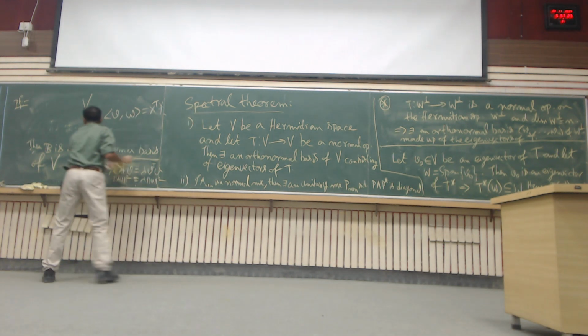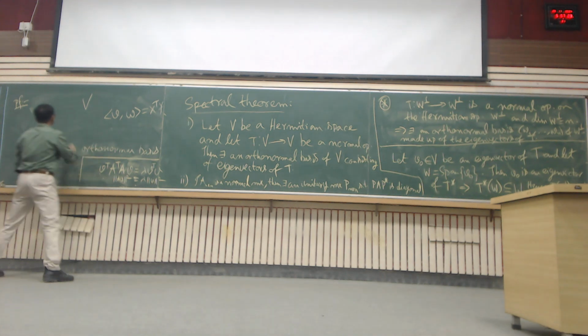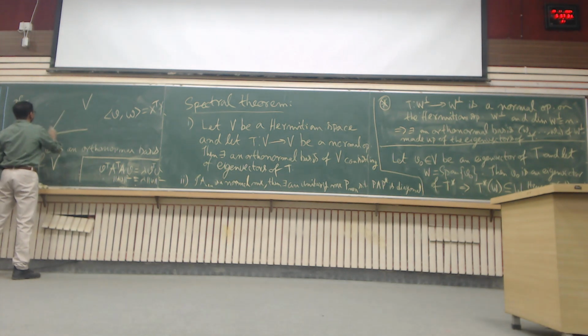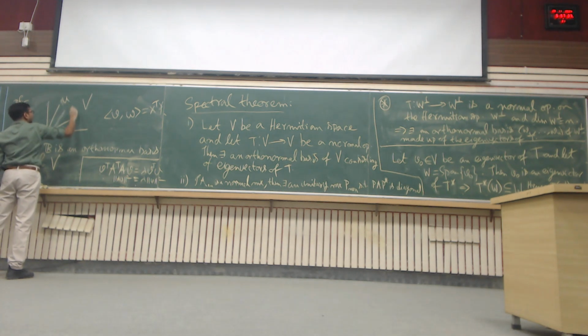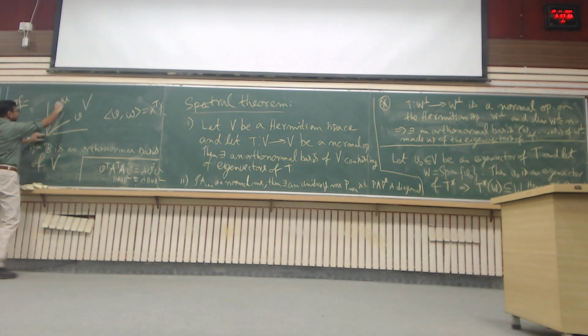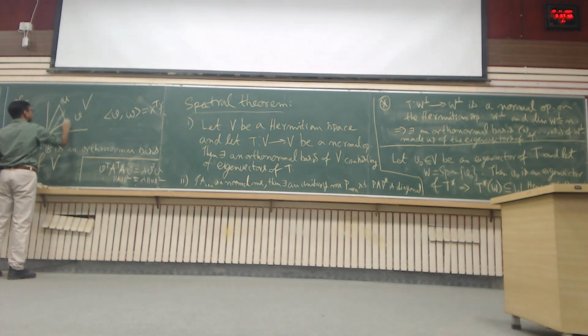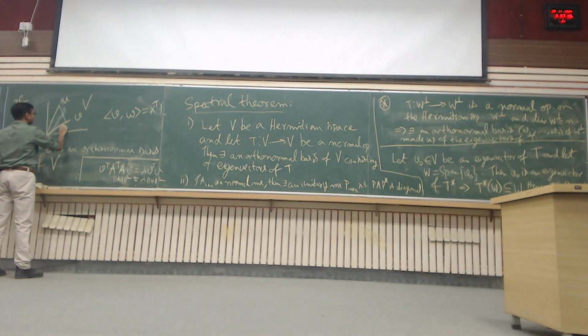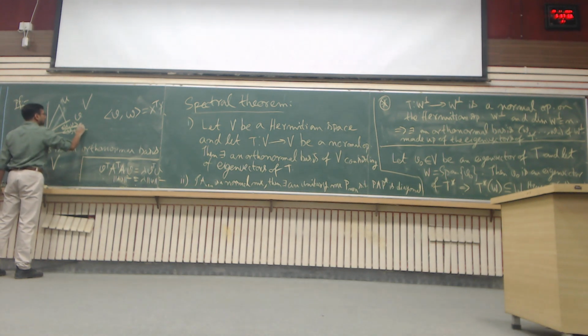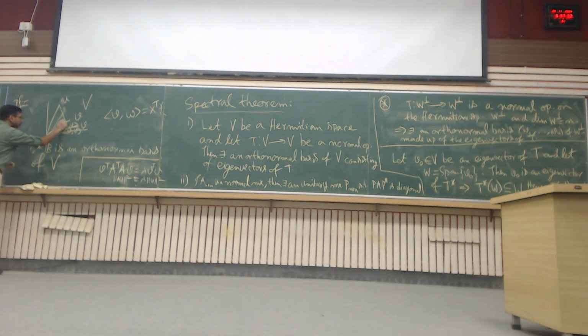Another way to see this is that suppose you have these two vectors U and V, and then we said that the projection would be <U,V> by <V,V> times V, right? So this is the length of this part from here to here, and this one would be just U minus this one.